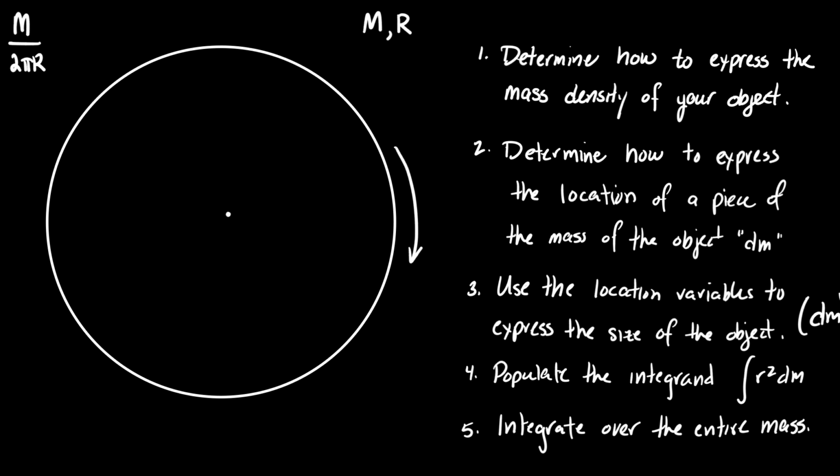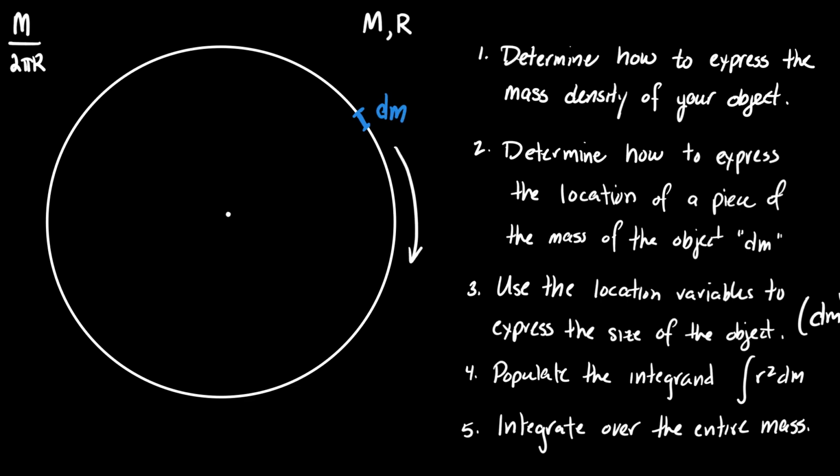All right, so we want to express a location of each piece of the object. So for this next thing, you need to choose a small part of the entire ring. So I am choosing this spot right here, which is a bit of arc length.